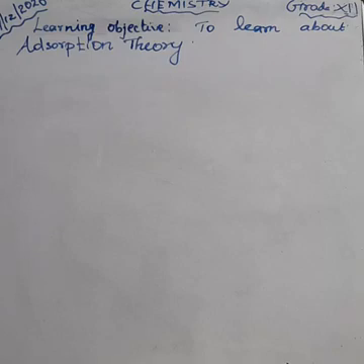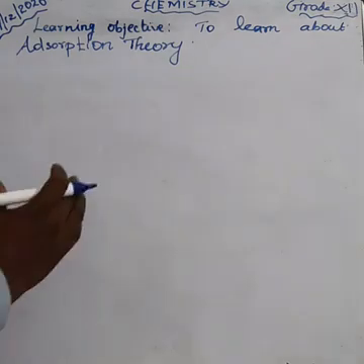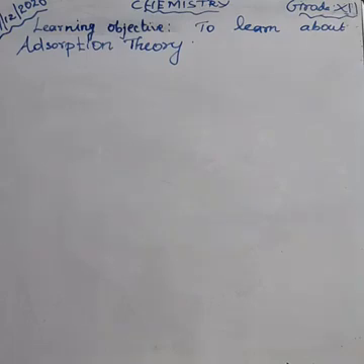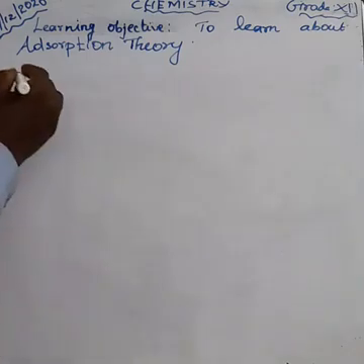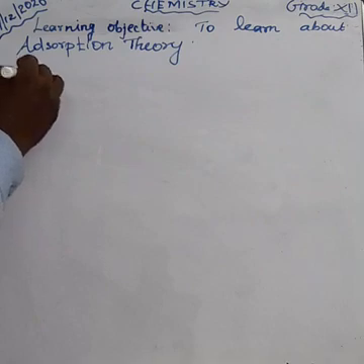The reactants are adsorbed on the surface of the catalyst to form an activated complex, which undergoes decomposition and gives the product. That's the answer. The adsorption theory has 4 or 5 points.